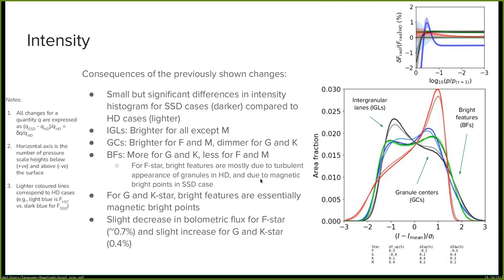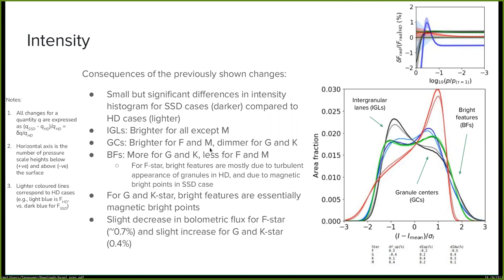In terms of differences, we get a higher count for the intergranular lane features. And in terms of granule centers, you again get a higher count for the hydrodynamic cases. You also get more bright features for G and K stars, which I pointed out in terms of these bright points, but they are less for S and M stars.